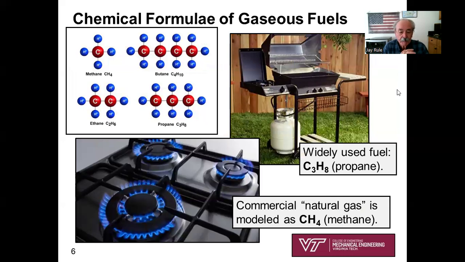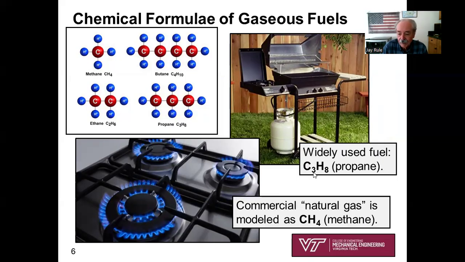Gaseous fuels. Same idea. In the top left here, there are all these pretty molecular pictures of methane, butane, ethane, and propane. Now, let's think about things you're probably most familiar with. I'll bet you're most familiar with propane tanks that are used for gas grills. Propane is going to be C3H8.